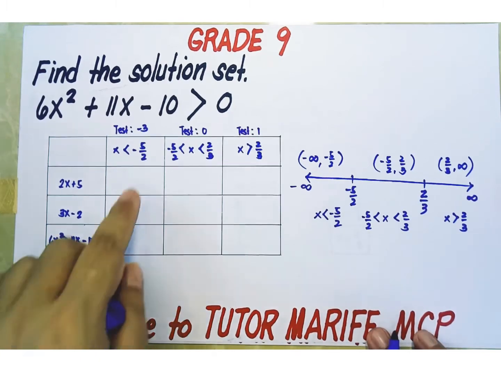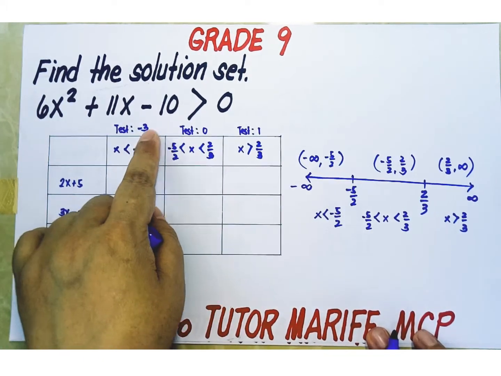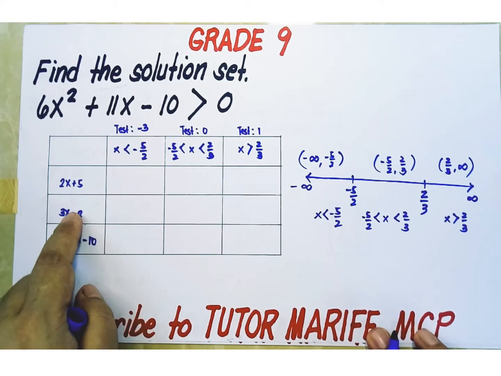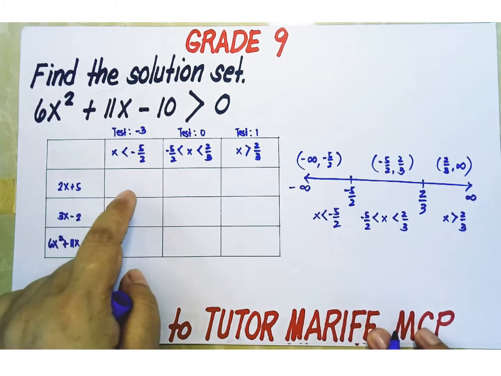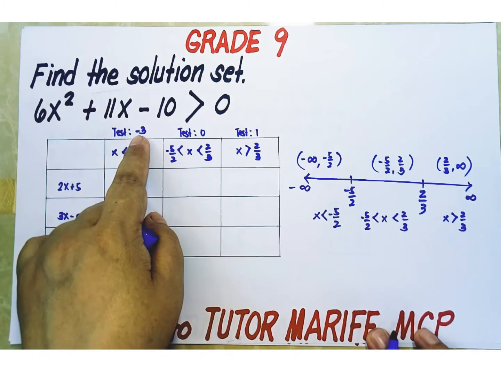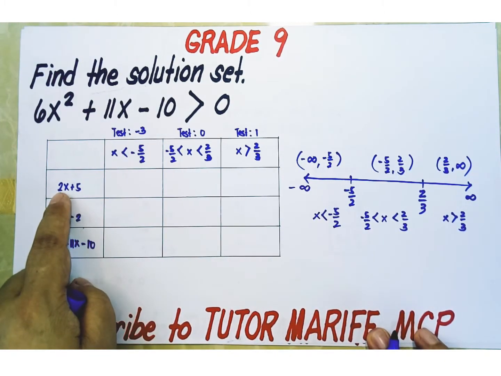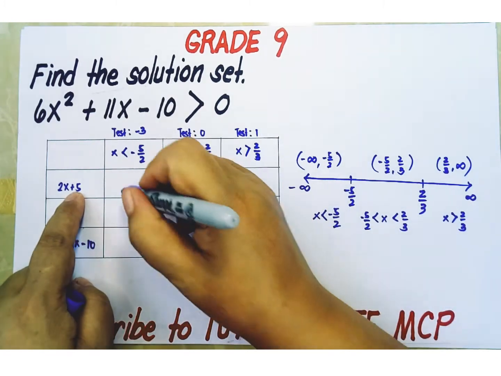Okay? Then, you plug the test values into each of the factors and determine the sign of the result. Let's test negative 3, substitute into the first factor. If x is negative 3, 2 times negative 3 is negative 6, plus 5, negative 6 plus 5 is negative 1.